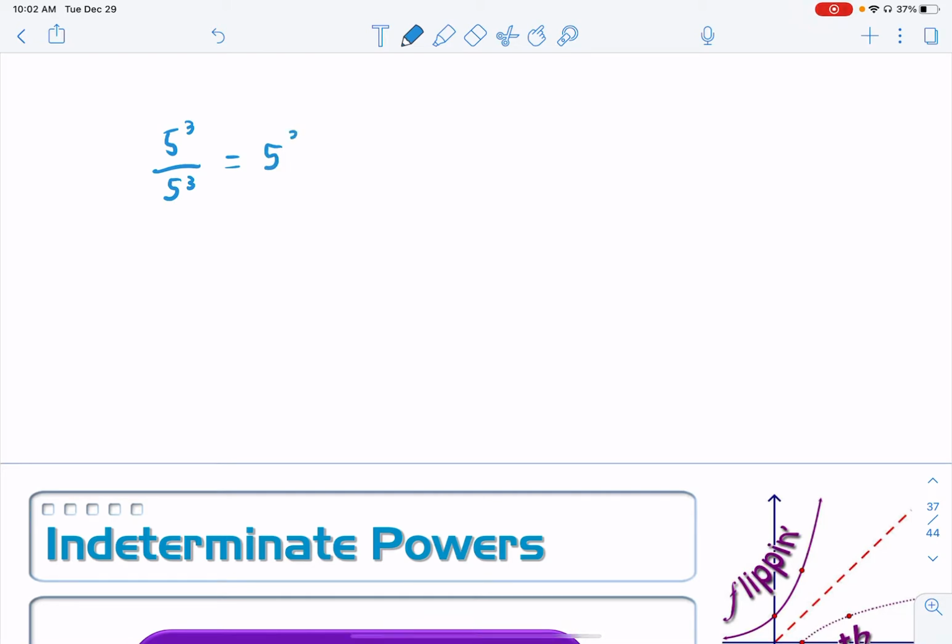This is 5 to the 3 minus 3, which is 5 to the 0 power, which is equal to 1. Why is 5 raised to the 0 power, or anything raised to the 0 power, equal to 1? Because of division. If I come back over here, this is 5 times 5 times 5 over 5 times 5 times 5.